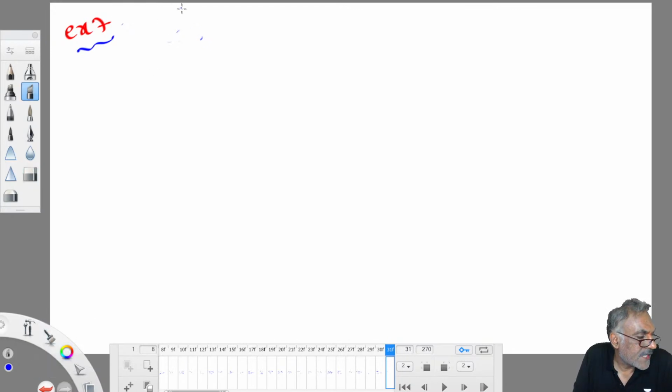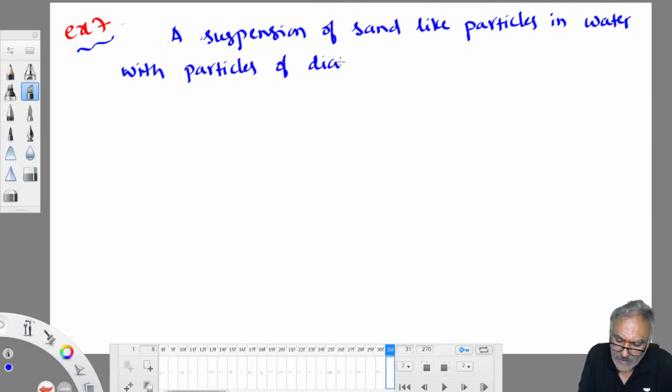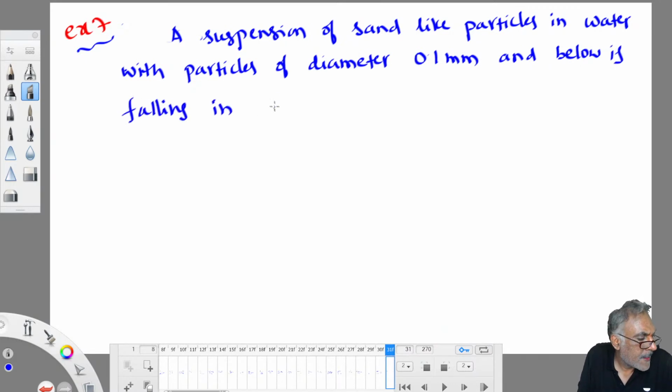The suspension of sand-like particles in water, with particles of diameter 0.1 mm and below, is falling into a sedimentation tank.